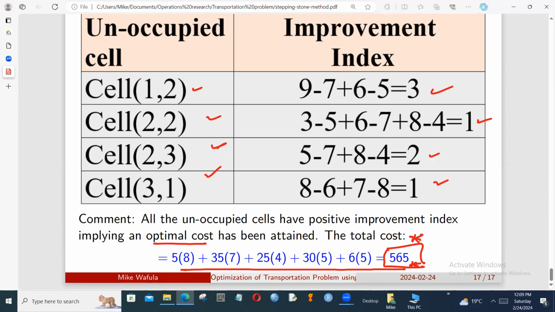That's why we mention that VAM is a technique that not only gives an initial basic feasible solution, but the solution is also optimal. I used this common example for a reason, so that we make this observation. That is what the stepping stone method is all about.